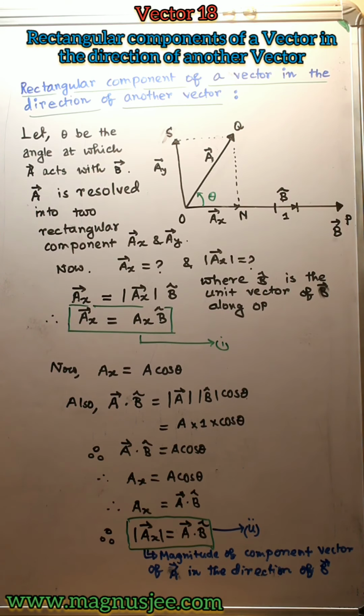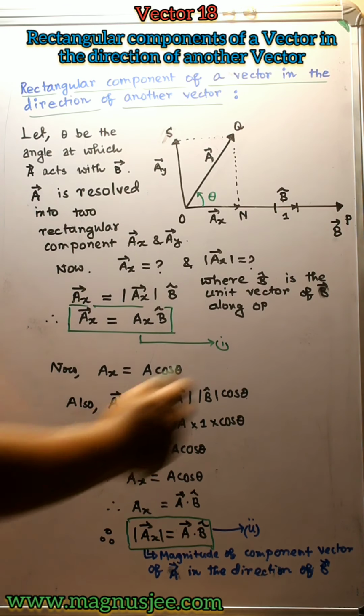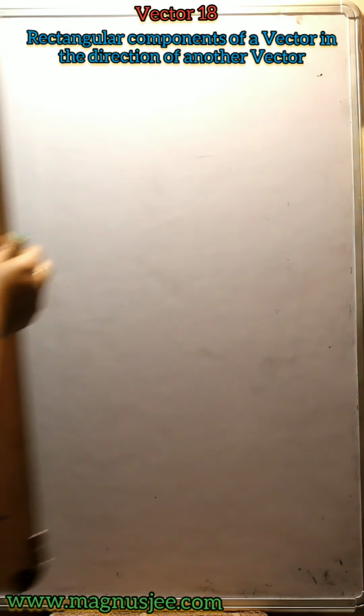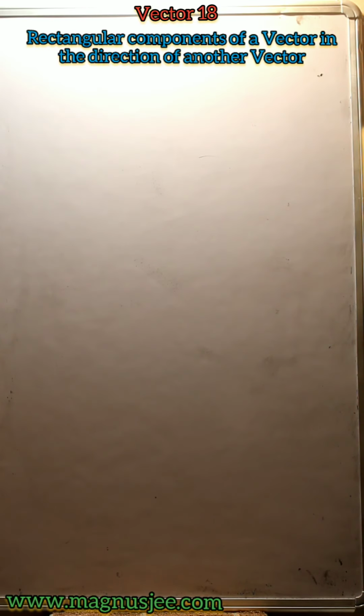This is the magnitude of the rectangular component vector of vector A in the direction of vector B. Now we can move to the next page.